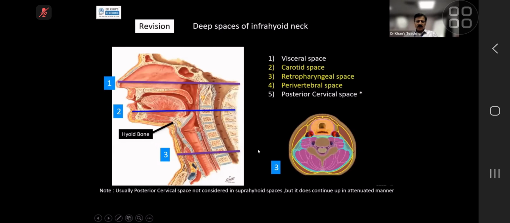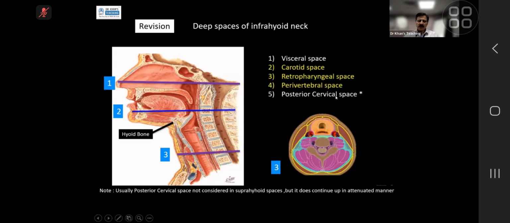Now, if we come to infrahyoid neck, this is the hyoid bone, and this is the infrahyoid level, at one level where there is thyroid here. So here there are 5 spaces: visceral space, carotid space, retropharyngeal space, perivertebral space, posterior cervical space.